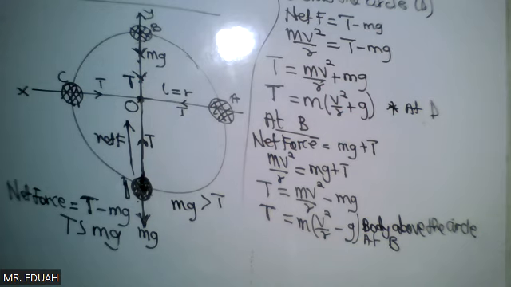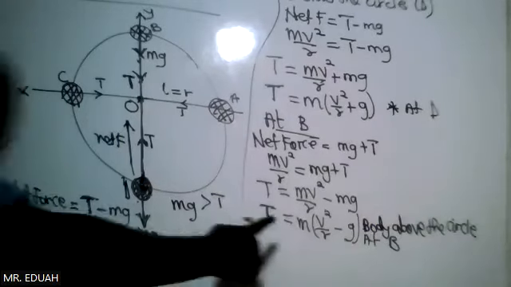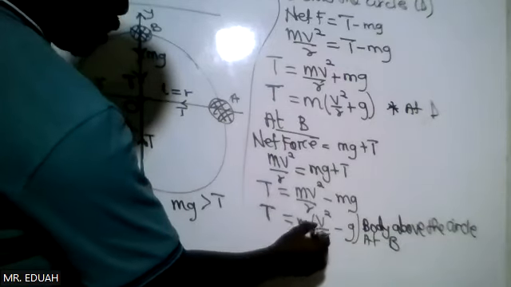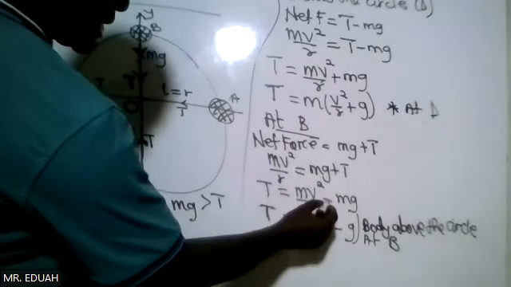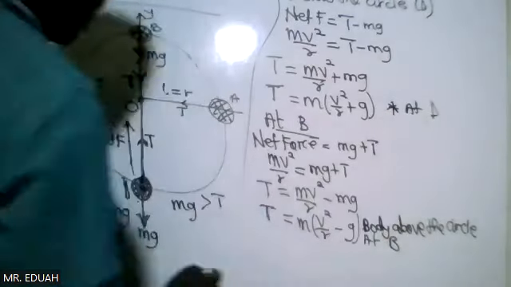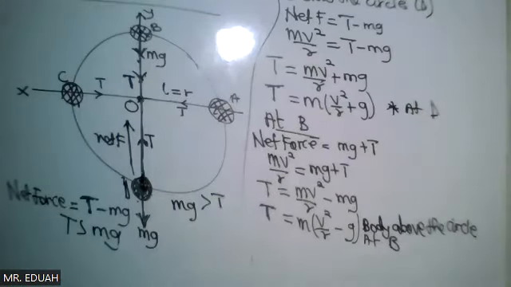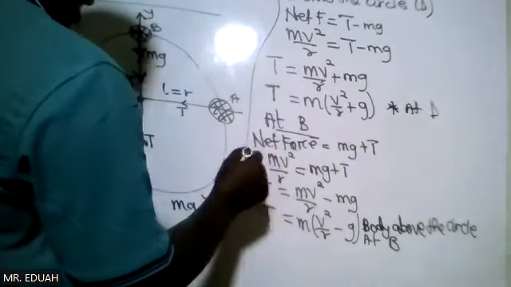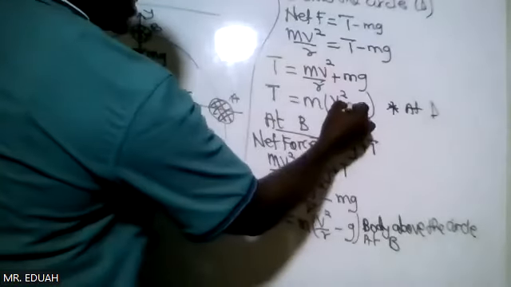Why? Because at B we added, at D we subtracted. It's the other way around. At B, we subtracted. We had mv squared over R minus mg. That is at B, and B is above the circle. Then below the circle at D, we added.